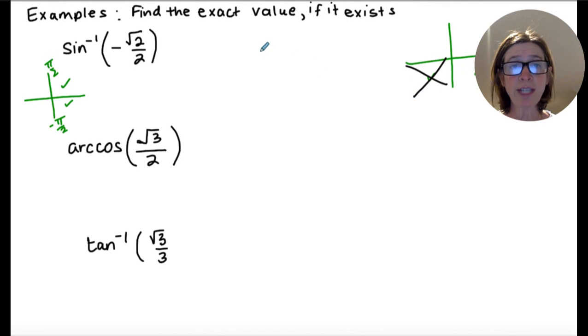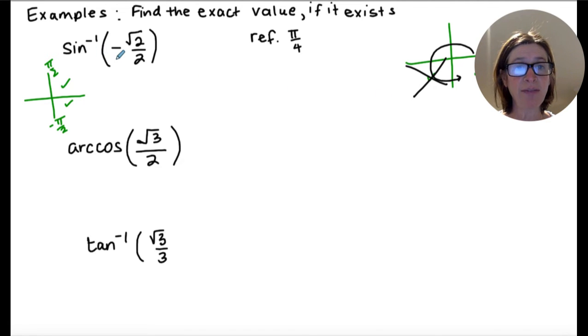First identify the reference angle. The reference angle is pi over 4, where sine is equal to root 2 over 2. It would be negative in the fourth quadrant. Normally we would go around like this to get to the fourth quadrant, but we can't. So we go this way, which means the inverse sine of negative root 2 over 2 has to be negative pi over 4.